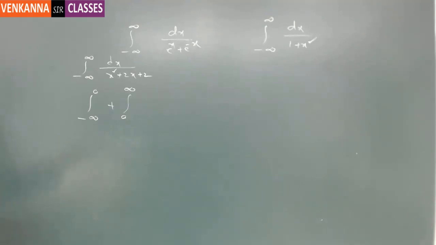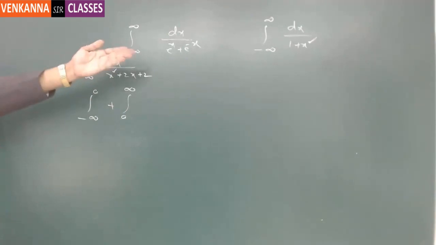The limit part will be easy during the calculation. Accepted? So whenever minus infinity to infinity is given, we split the integral as minus infinity to 0 plus 0 to infinity, and do the remaining part as it is. Clear to all? Any questions?